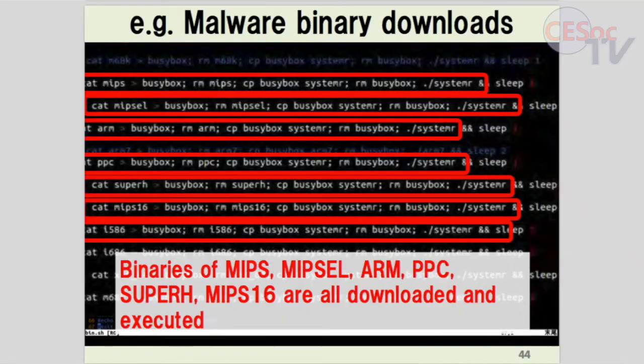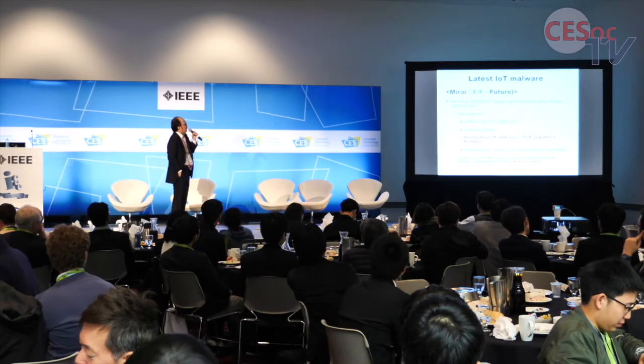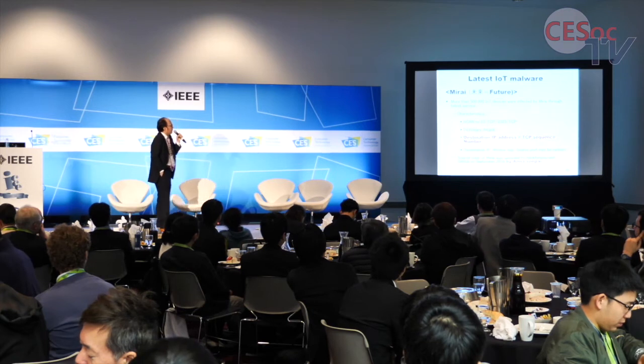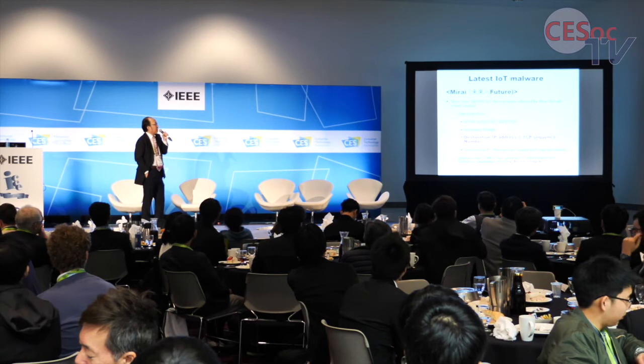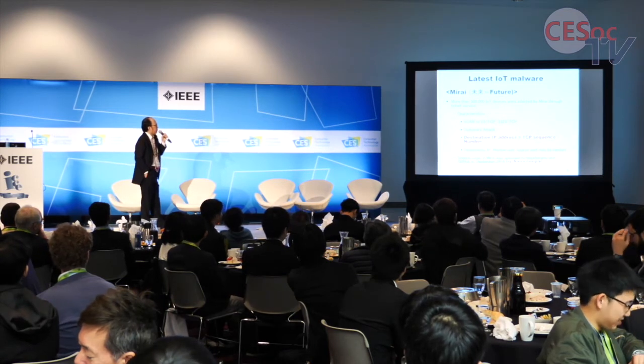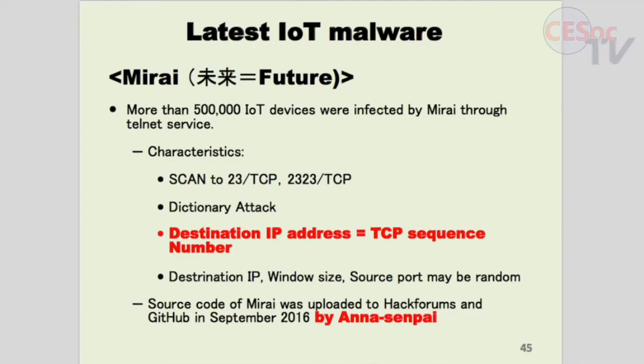So this is an expression about the latest IoT malware, so-called Mirai. Mirai is Japanese. The meaning is future. I don't know why the attacker used this code name for the malware. But this Mirai infected more than 500,000 IoT devices through telnet.